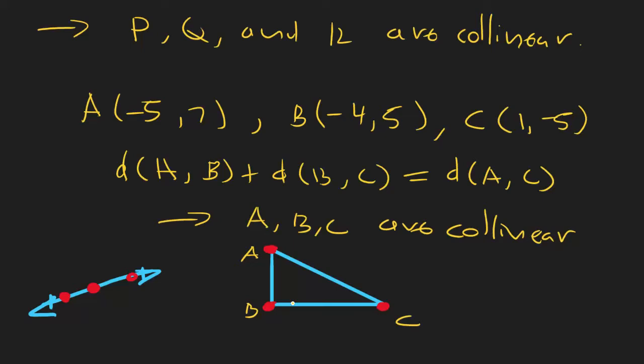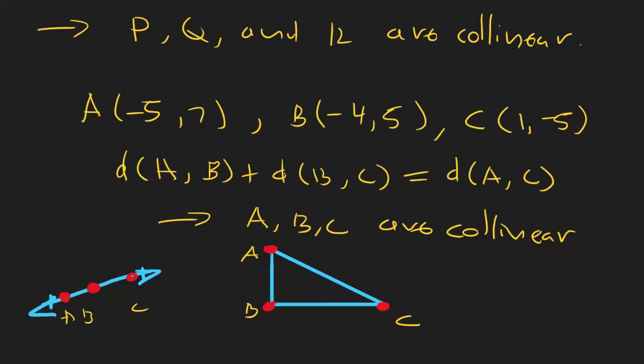If A, B, and C lie on the same line, they're collinear, and they cannot form a right triangle. Interestingly enough, the difference between being collinear and being a right triangle is the following.